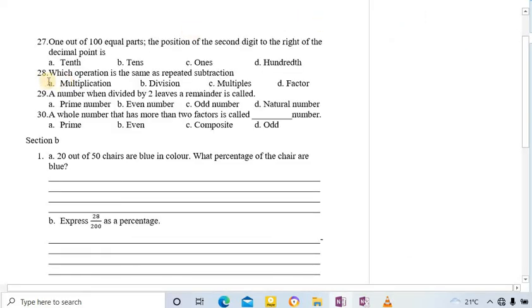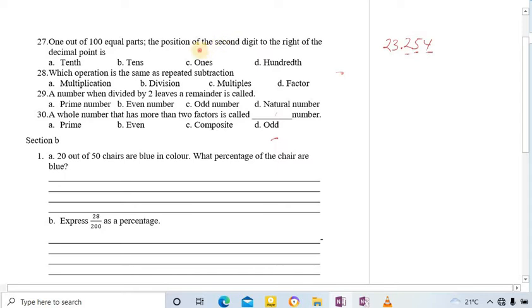One out of 100 equal parts. The position of the second digit to the right of the decimal point is... so the first thing is this. Let's try to see this. If you have a number like 23.254, the position of the second digit to the right, so there are 3 digits on the right, as we can see: we have 2, we have 5, we have 4.